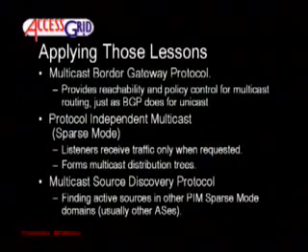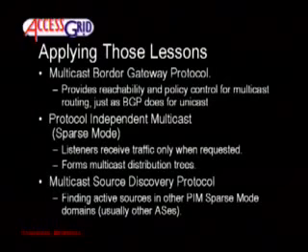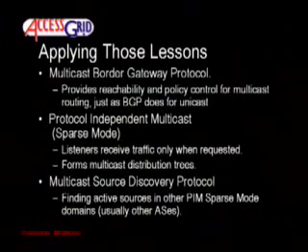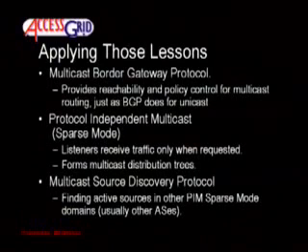Features of PIM sparse mode include listeners receive traffic only when they want it. They have to do something affirmative to get traffic, and they have to continue to do something affirmative to get traffic. Second thing that PIM does, again, sort of like DVMRP, it forms a multicast distribution tree.